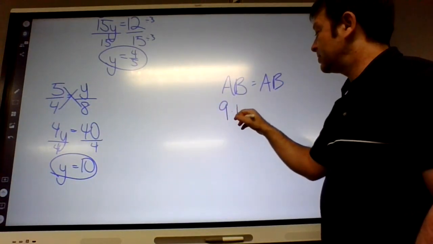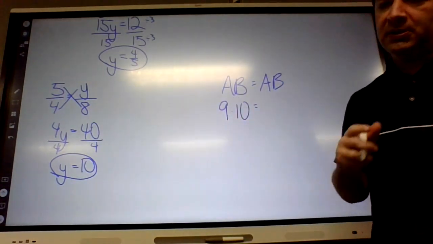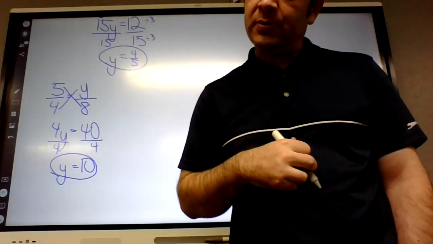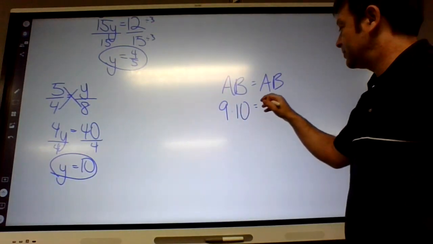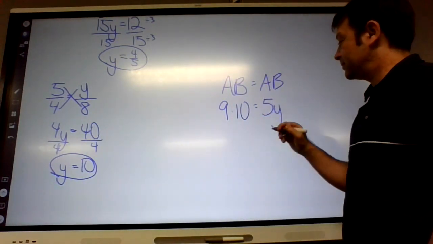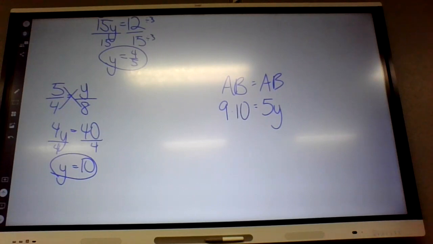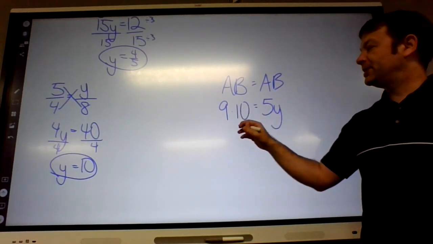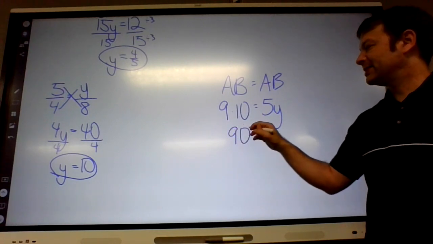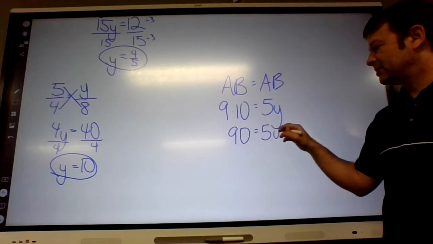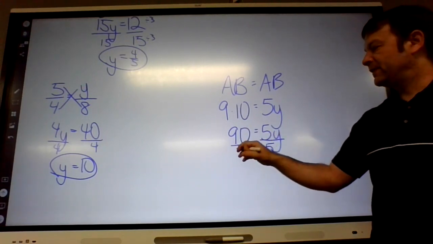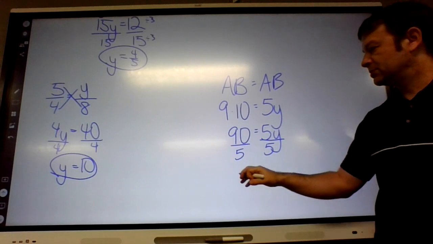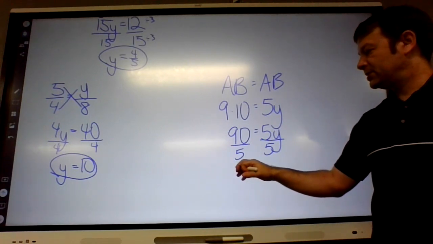So that'll be our x times y, and that should equal, find y when x is 5. So x is 5, and we don't know y. So 9 times 10 is 90, divided by 5. 18.